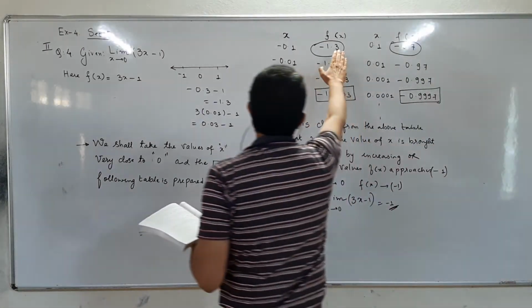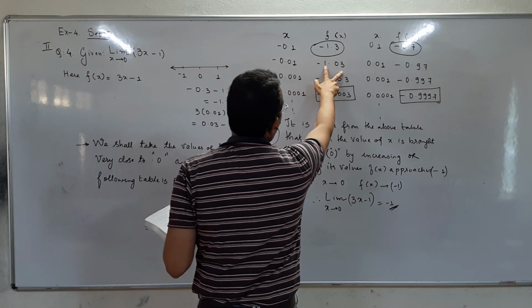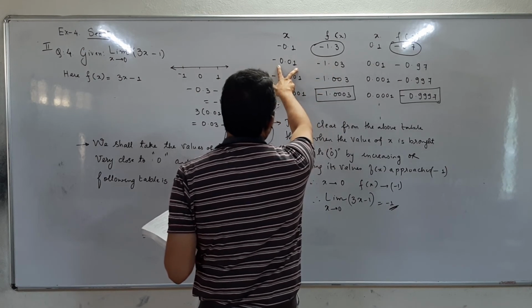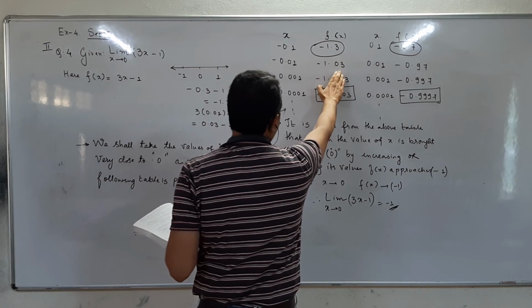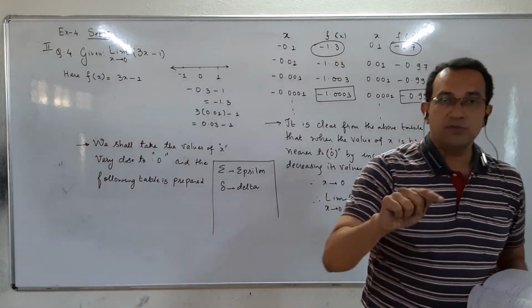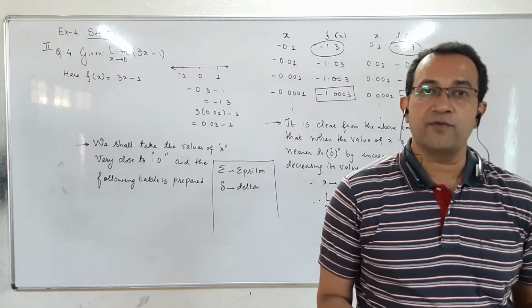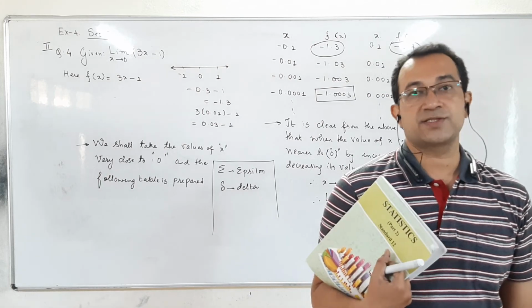If my epsilon is 0.3, then my delta will be 0.1. If my epsilon is 0.03, then my delta will be 0.01. So whatever range we want to get for f of x, correspondingly we have to find the range of x.